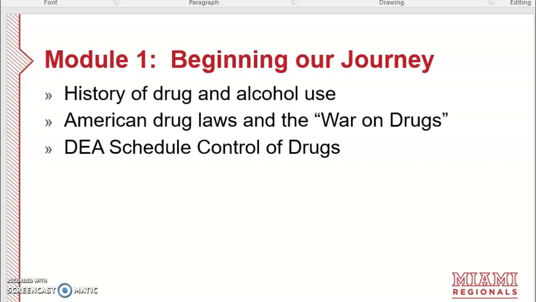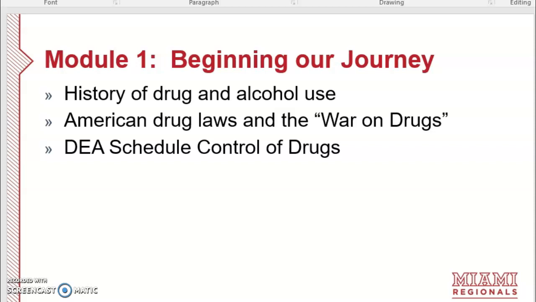And we'll talk about how that plays into the DEA, or the Drug Enforcement Agency, schedule control of drugs that lists, according to 5 schedules, what drugs are considered legal over the counter in our society versus legal by prescription only, versus the Schedule 1 drugs that are absolutely not legal for any use at all and carry a mandatory jail sentence.